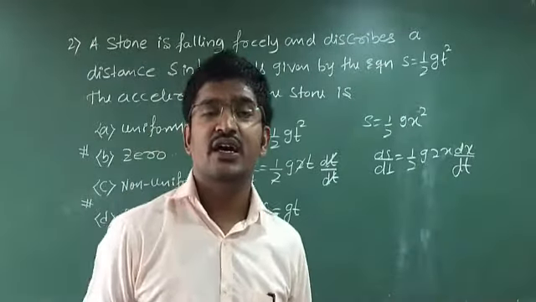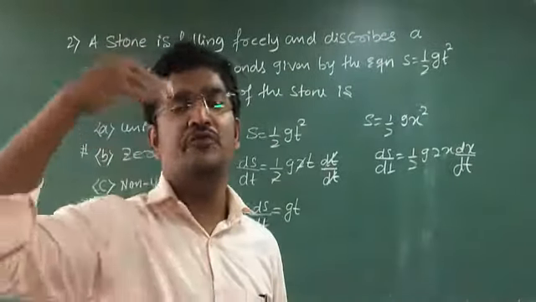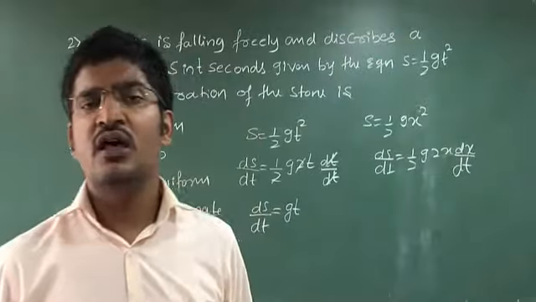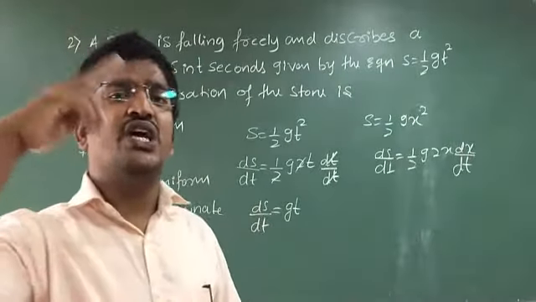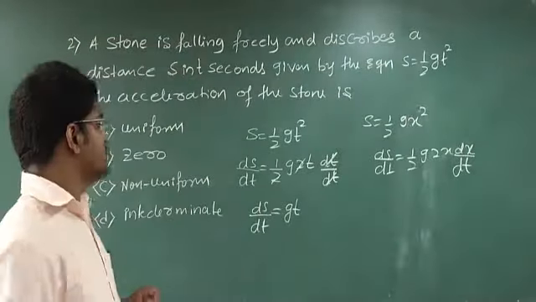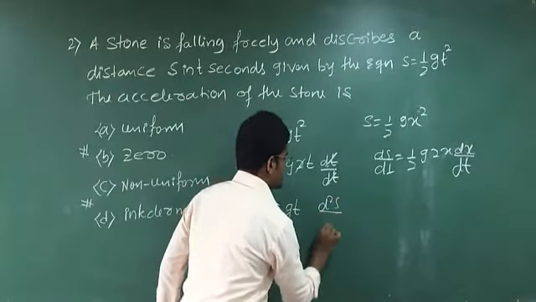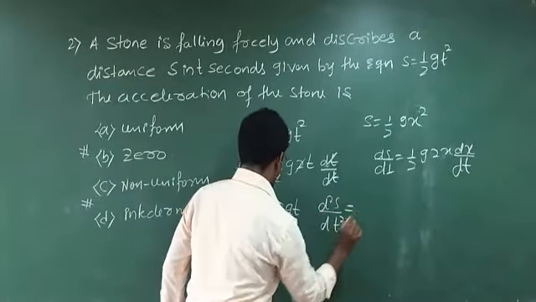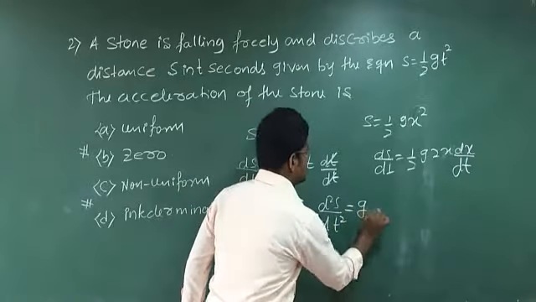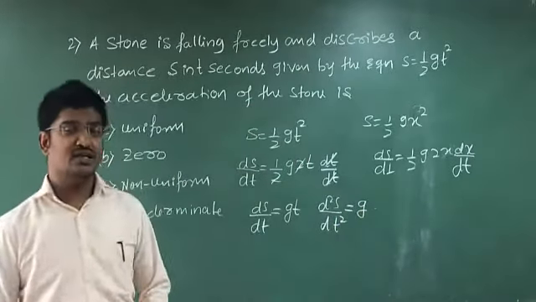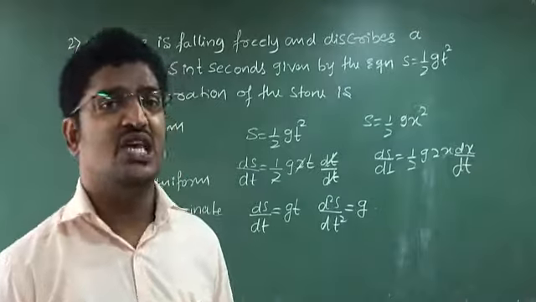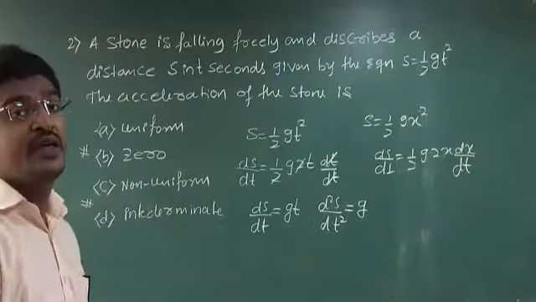As I said, from displacement, if you want to go to acceleration, you have to differentiate two times. So if I differentiate it again, it will be d square s by dt square equal to g. So now can you tell me what is g from the question?